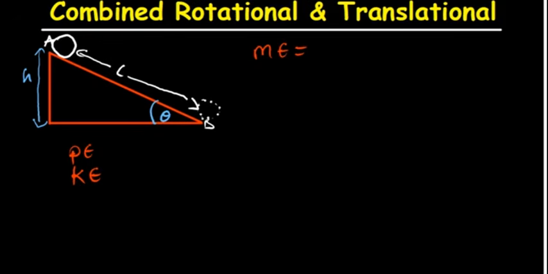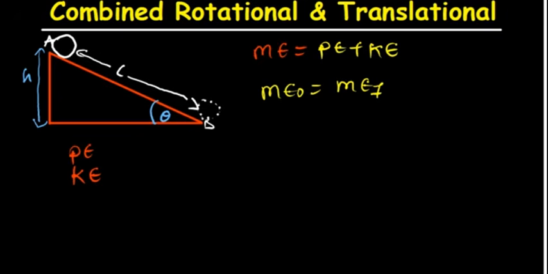So in this case, we have potential energy plus kinetic energy. What we have to remember is that the conservation of energy states that energy cannot be created nor destroyed, but it can be transformed from one state to another, meaning that the initial mechanical energy has to be equal to the final mechanical energy.